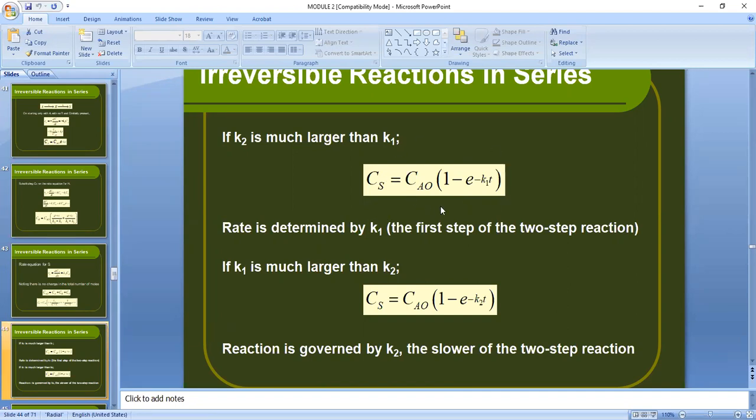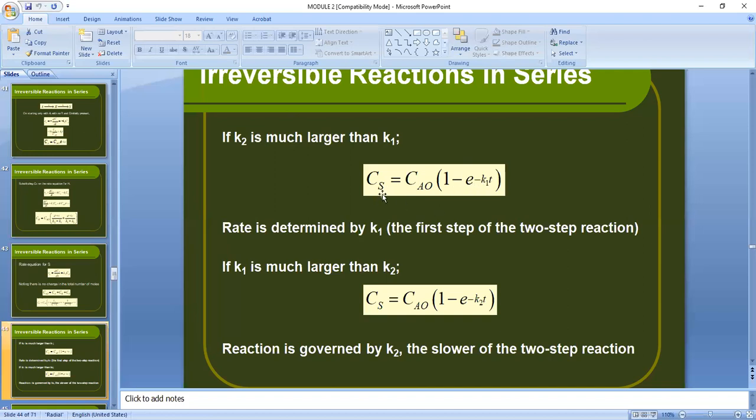Again, going back to that very fundamental concept in Chem 1, the rate determining step is the slowest step. And since K2 is much larger in this scenario than K1, the amount of the final product formed will be only dependent on the first step. So CAO times 1 minus e raised to negative K sub 1 t.